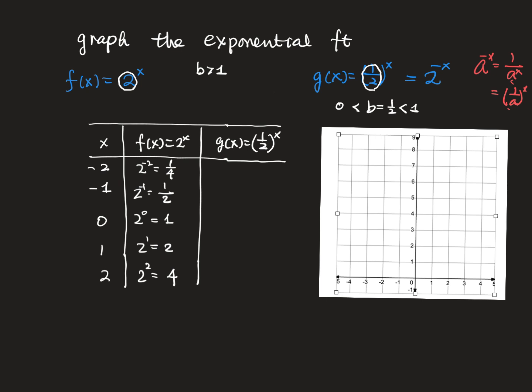Then you can sketch it: negative 2 and 1/4, negative 1 and 1/2, 0 and 1, 1 and 2, 2 and 4. Whatever x value you plug in, the y value can never be 0. So you sketch this.